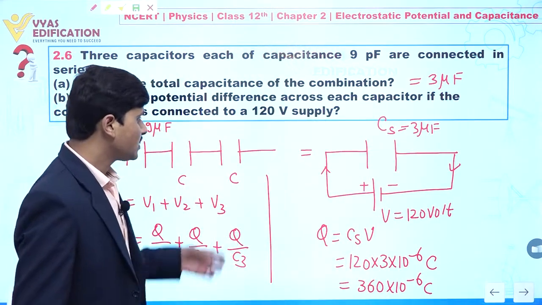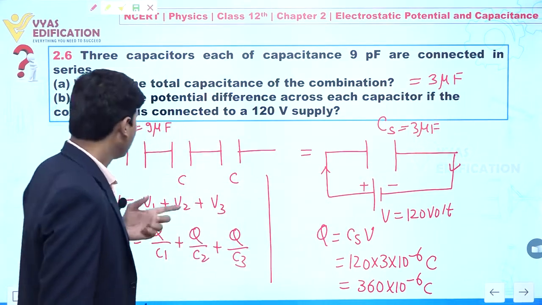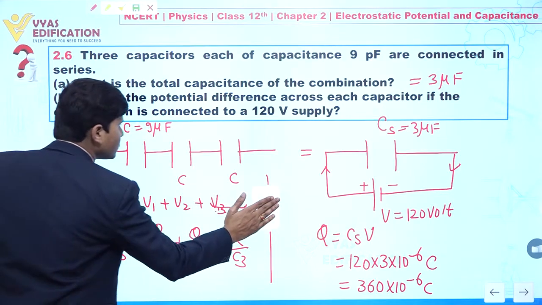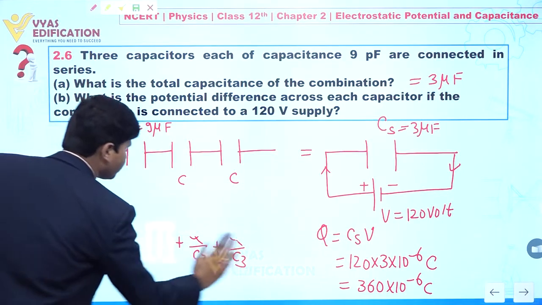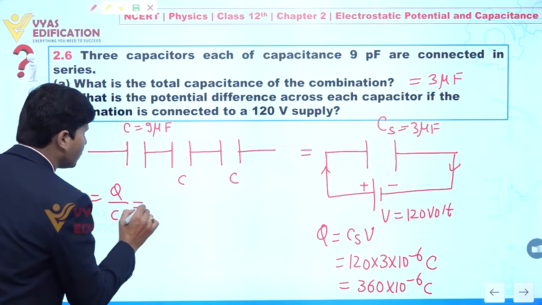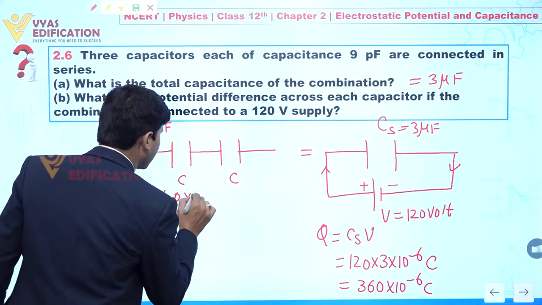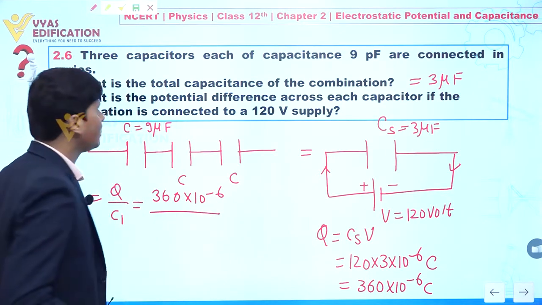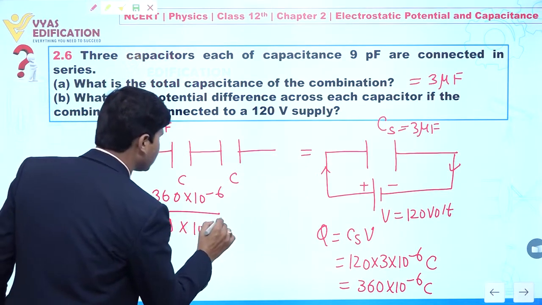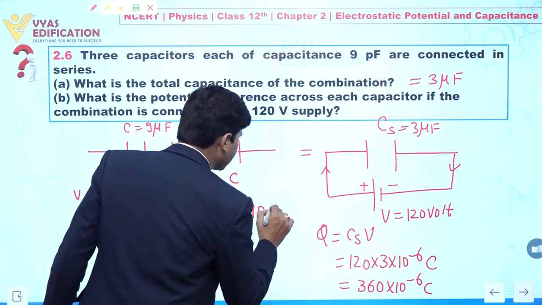This is the value of the charge present on each capacitor, and the value of charge remains the same. So now we can easily get the values of V1, V2 and V3. V1 equals Q1 upon C1, which is 360 into 10 to the power minus 6 over 9 into 10 to the power minus 6, so this is equal to 40 volt.